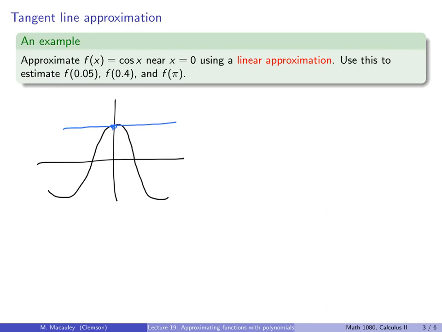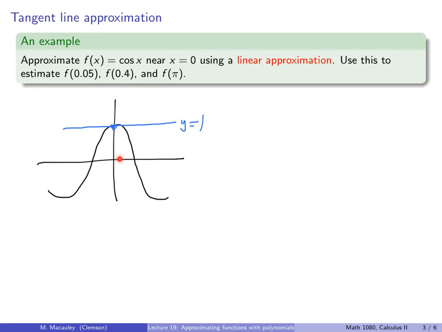And so the next part is we want to estimate. So that's the first part. We approximated this using the line. I mean, I guess I could say that this is the line y equals 1. And then we want to use this to estimate the values of cosine of x for three different values.